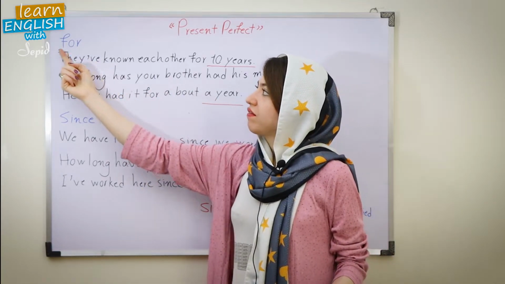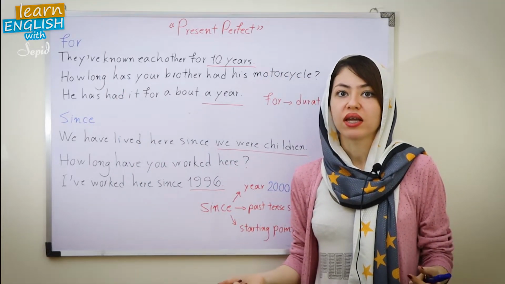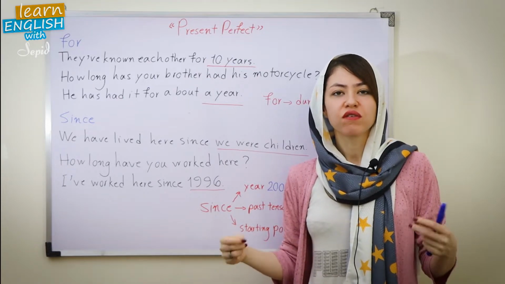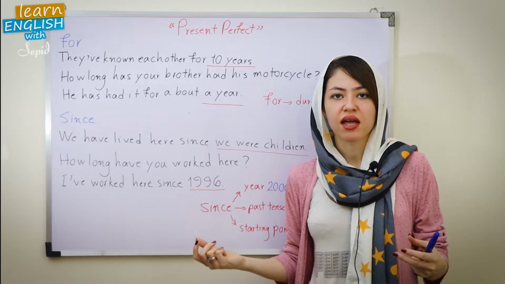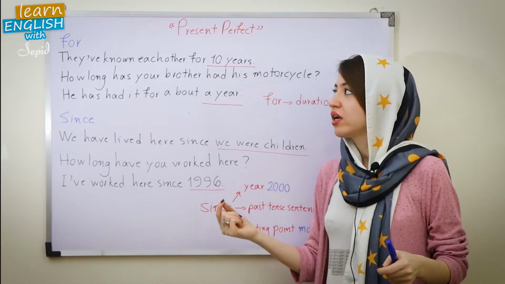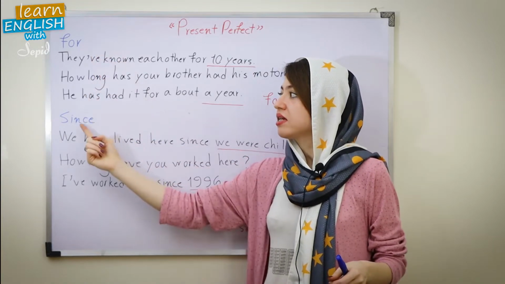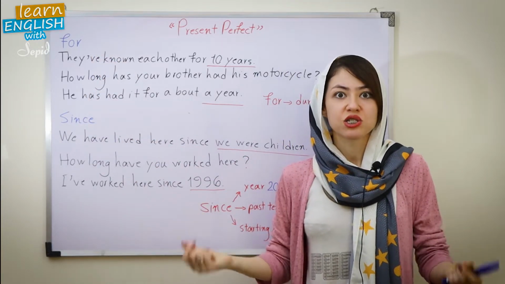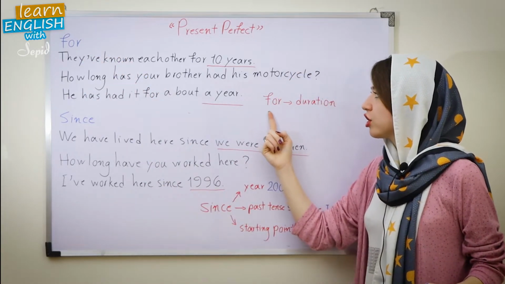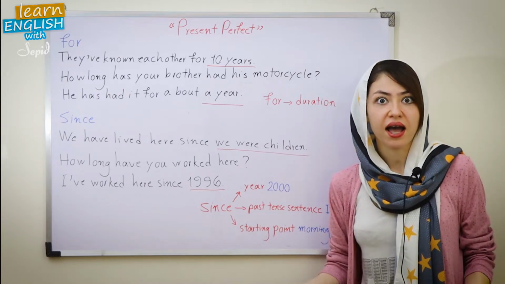We are going to talk about for. What does for show in a present perfect sentence? If you remember, we've worked on present perfect in 2A, okay? Now in the 2B part, we are going to talk about the usage of these words. So let's go. For is used in order to show the duration of time.